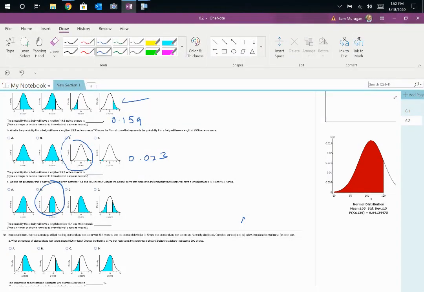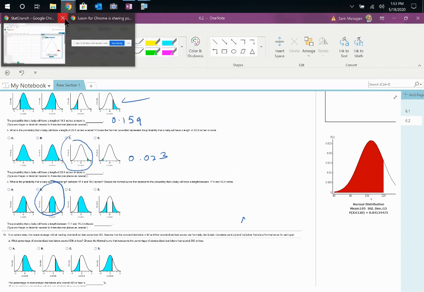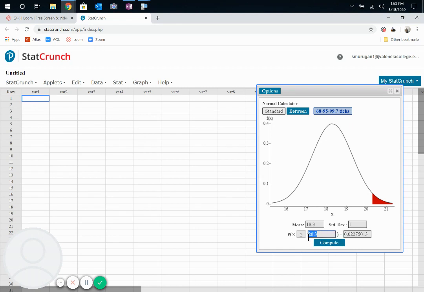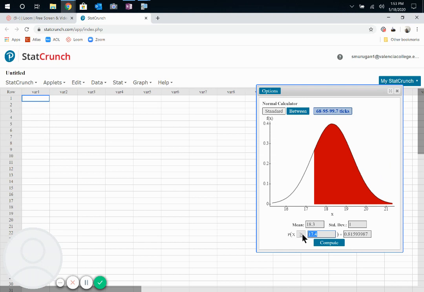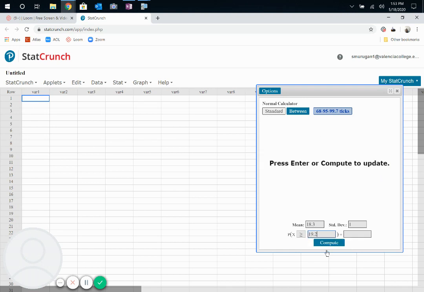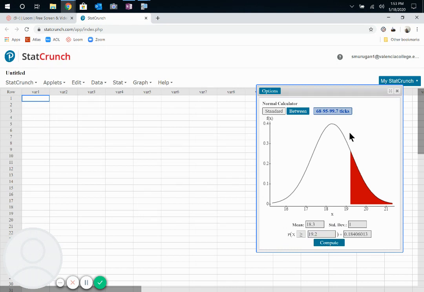Everything to the right of 17.4 is 0.8159, and the second number, for 19.2, is 0.184.